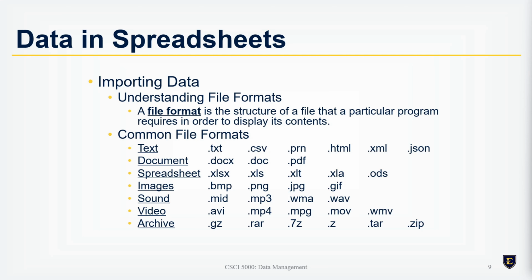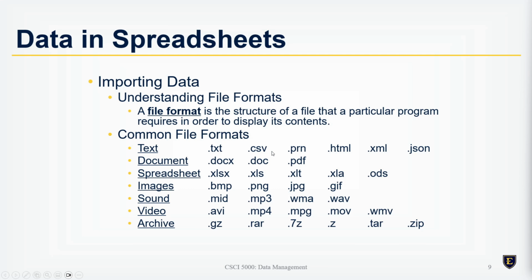For us, with spreadsheets, we have XLSX for Microsoft Excel or XLS for the older versions. There are some other forms, like XLT for template files in Excel, but we won't necessarily be using those for this course. Another file format that we use commonly is CSV, which is comma separated values.